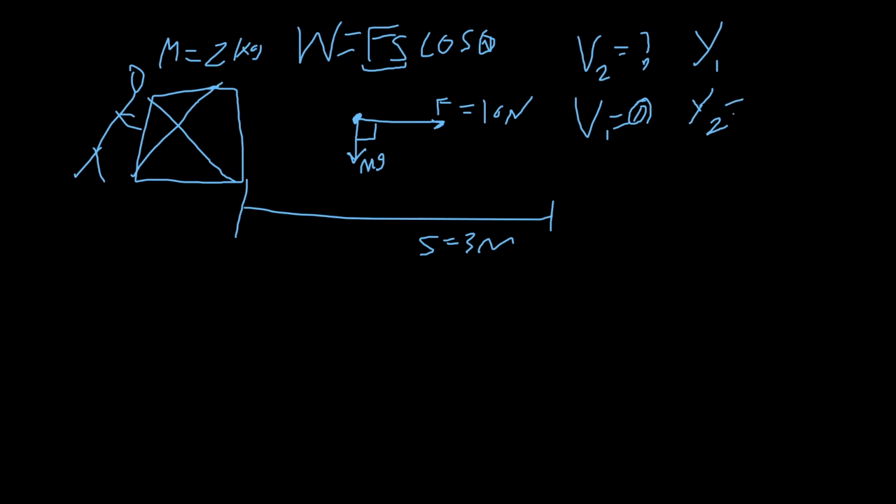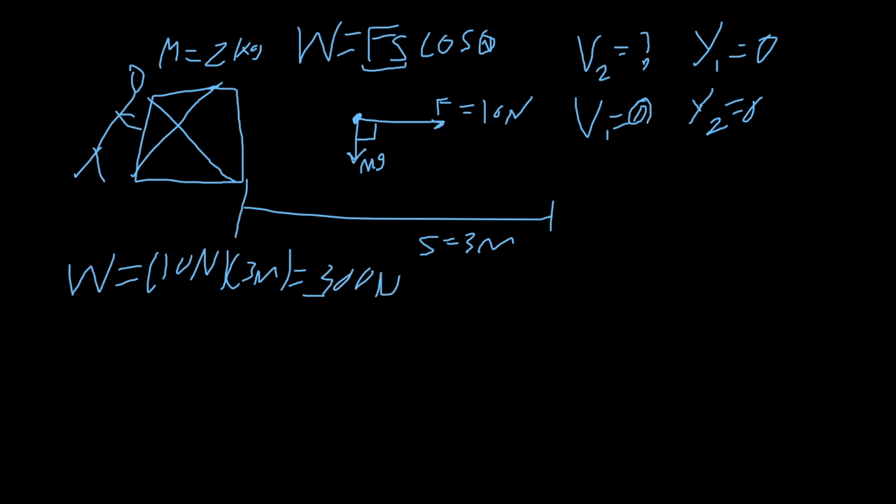So we know that's just going to be 0. So now let's find our work. So it's going to be 10 newtons times 3 meters, which is equal to 300 newtons. Pretty easy, right?